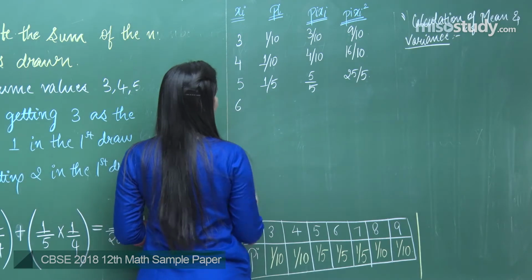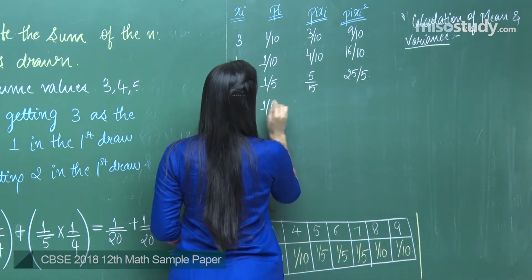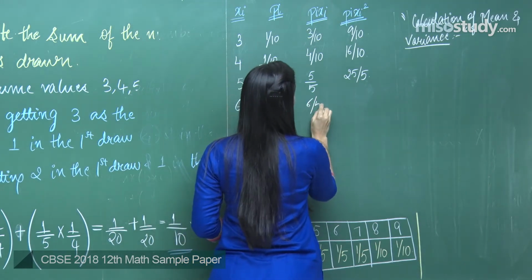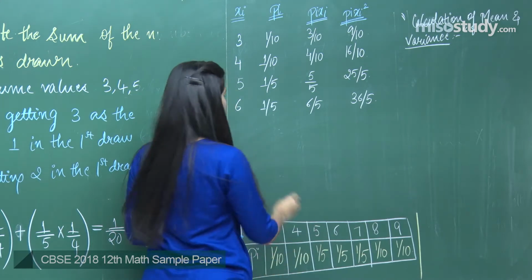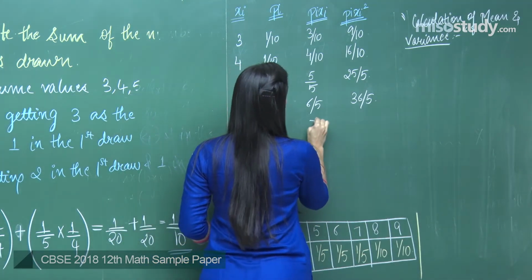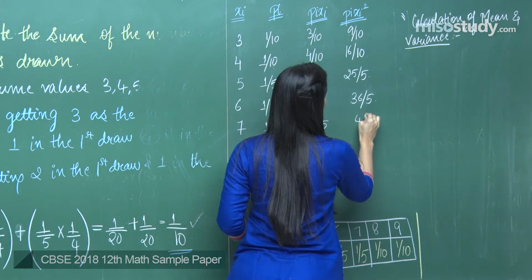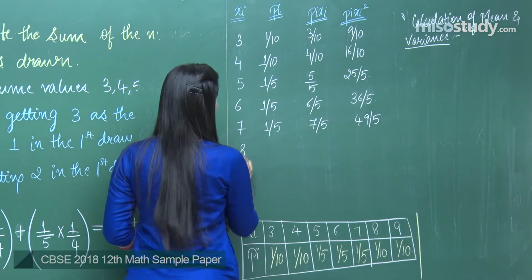Next, what is it? 6. And here you have again 1 by 5. So this gives you 6 by 5 and here you have 36 by 5. Then 7. 7 again it is 1 by 5. This gives you 7 by 5 and here you have 49 by 5. Then you have 8.